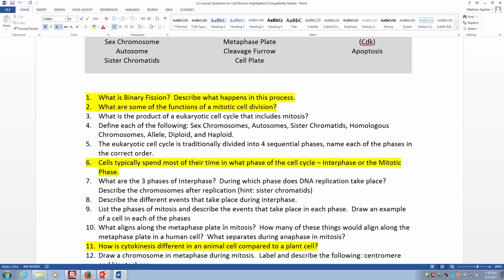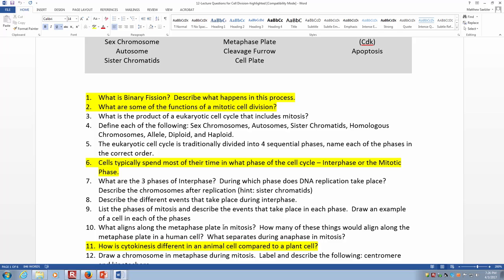Number two, I gave you four functions of mitotic cell division. Does anyone remember the four? Right, animals that are able to regenerate; mitotic cell divisions are important for that. What else?